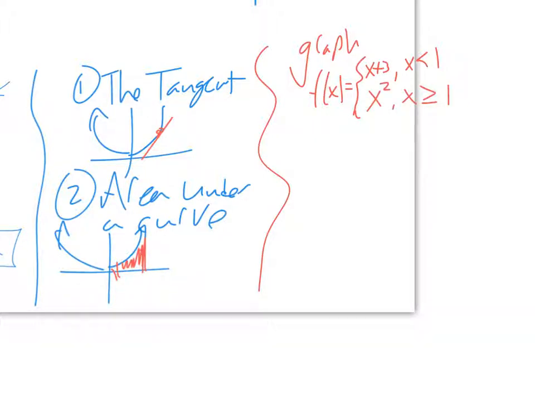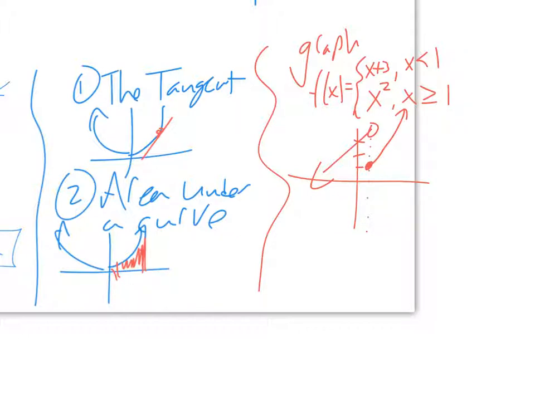So be ready to graph that. 1, 2, 3. The y-intercept of that, slope of 1, so we're going to be something like this. 1 is our cutoff here. And then we got x squared, and that's a parabola, which is going to look like this. And there's a jump discontinuity here.